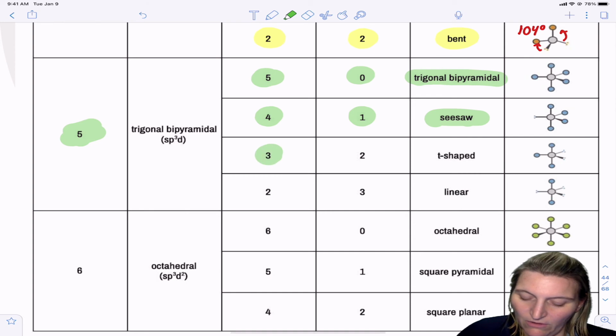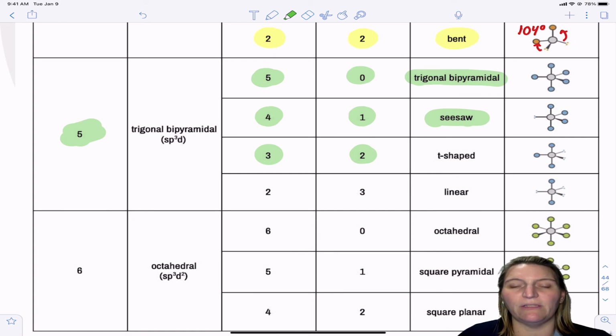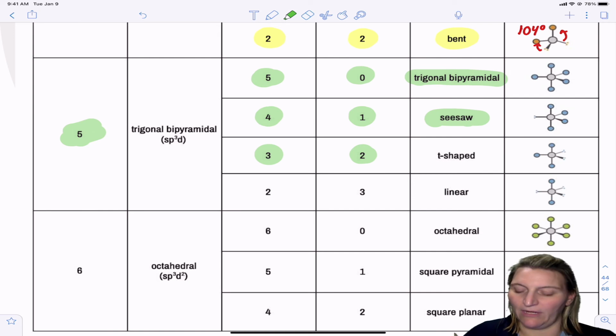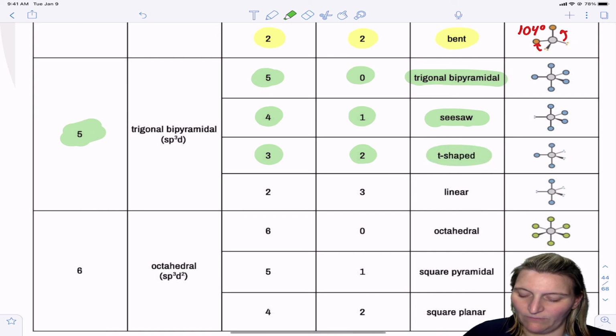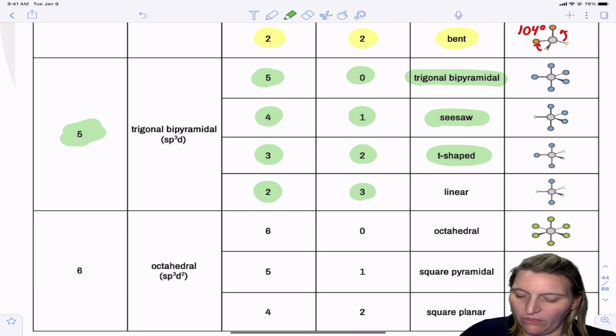If it has 3 bonds, but 2 of them are lone pairs, those lone pairs also go on the equatorial plane, and we call this T-shaped. And sometimes there can even be just 2 bonds and 3 lone pairs.